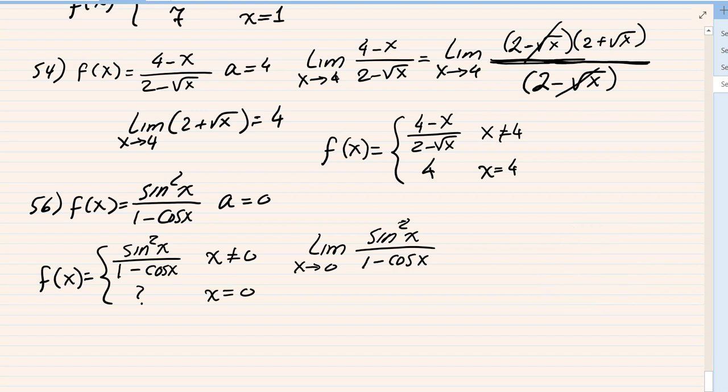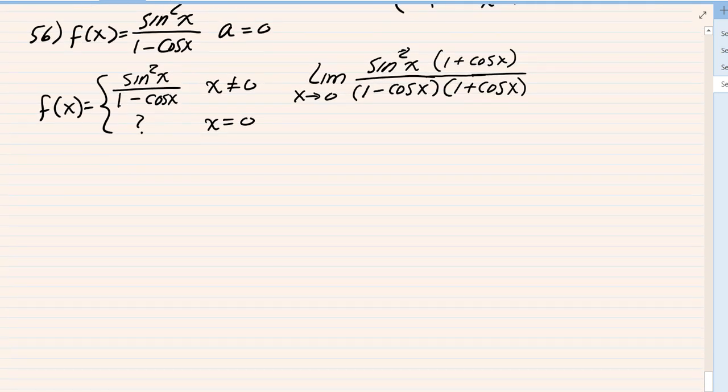Okay. Now, for number 56, I'm going to multiply top and bottom by the conjugate of the denominator. That is 1 plus cos x. And then once we do, in the denominator, we're going to get a difference of two squares, and that's going to be sine squared x.